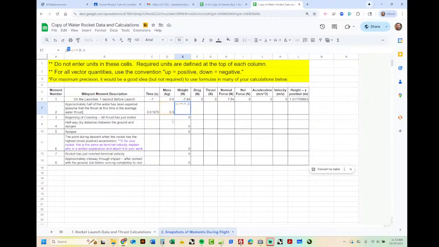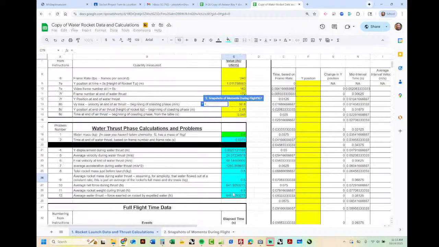Same thing either way. So that is 0.5 times negative 9.8, which gives me the weight. Drag, that's kind of a tricky one. I'll come back to that one in a second. That's the trickiest here. Thrust, I can get that right here. I'll just go back. Average water rocket thrust is 646.8.